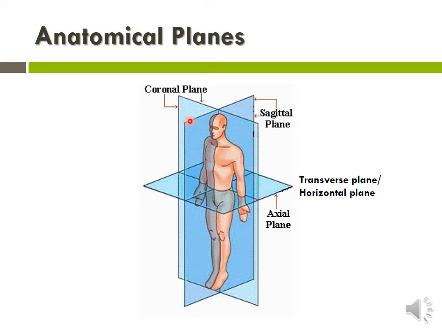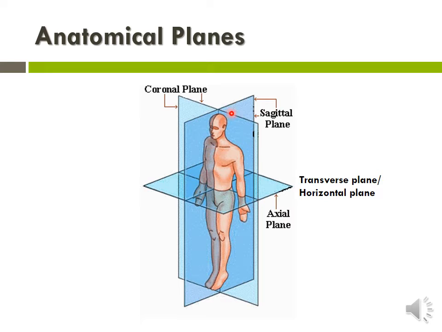Now you can see this is the sagittal plane. The sagittal plane is nothing but when you're cutting across, again from superior to inferior, top to bottom, exactly through the center of your face, the center of your body.